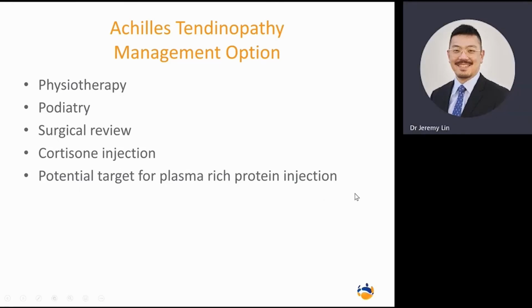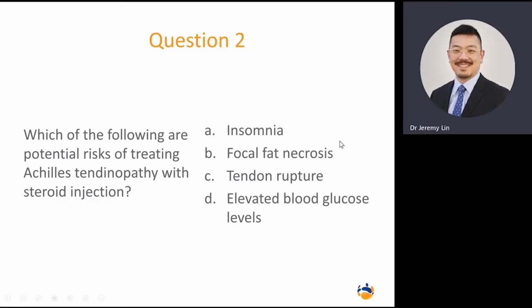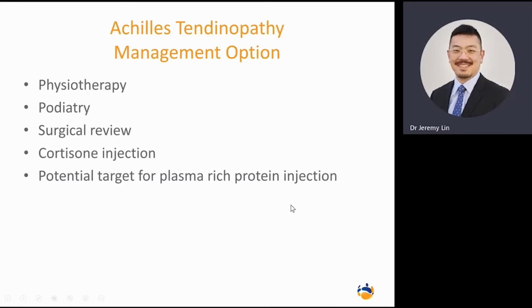Plasma-rich protein injection is another treatment option that is worthwhile of consideration because, one, it doesn't cause most of the risk factors associated with CSI injections. And number two, it actually promotes tendon healing. So instead of just calming the inflammation down, we can actually infiltrate the plasma-rich protein into the tendon itself to promote tendon healing.